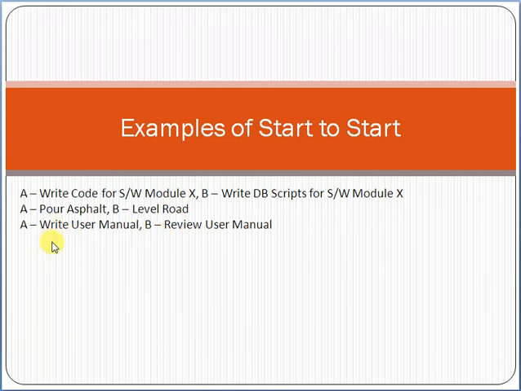Are you getting my point? If you have not started writing the user manual, you cannot start reviewing it. Once you start writing the user manual, the review process will start accordingly. So activity B is dependent on activity A. Once activity A starts, only then activity B will start.